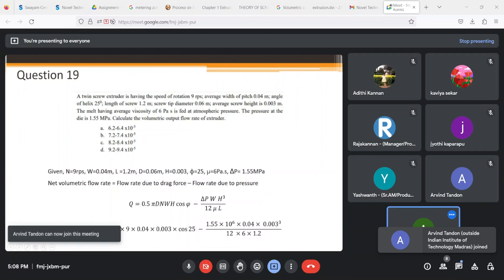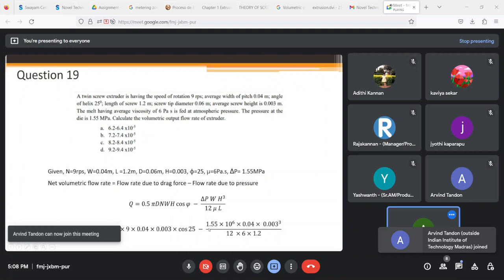So 0.5 pi D we are substituting as 0.06 meters, N we are substituting in rps, which is 9, width is 0.04 meters, height is 0.003, and phi is 25 degrees. So we have cos 25. This whole first term corresponds to the flow rate due to drag force. Second term corresponding to the pressure involves 1.55 megapascals.